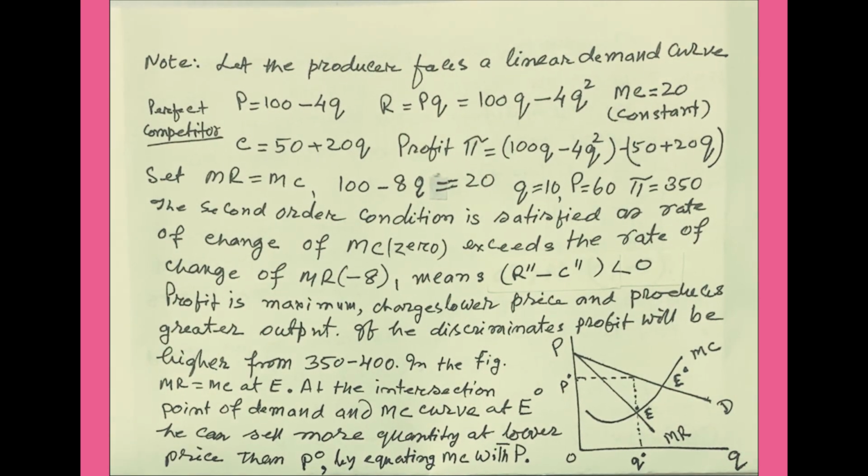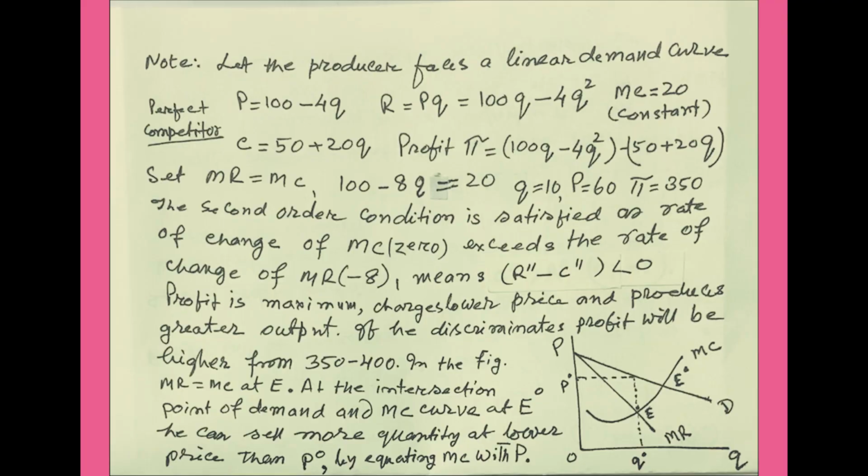So profit is maximum, and he charges a lower price and produces greater output. If he discriminates, profit will be higher, from 350 to 450.